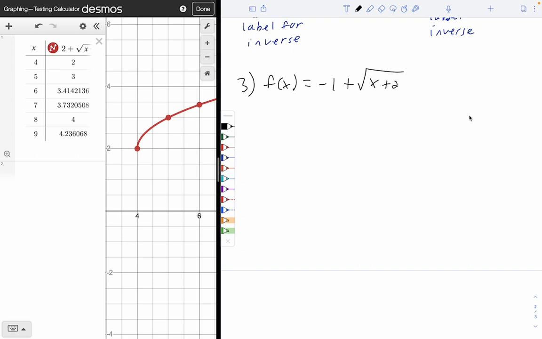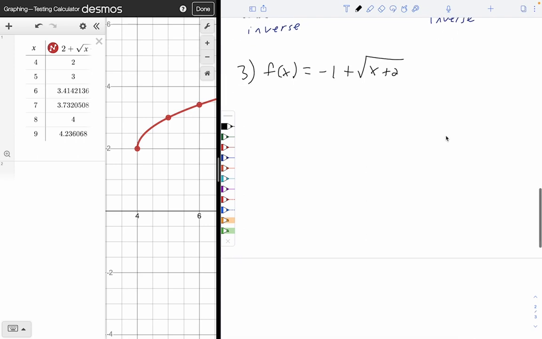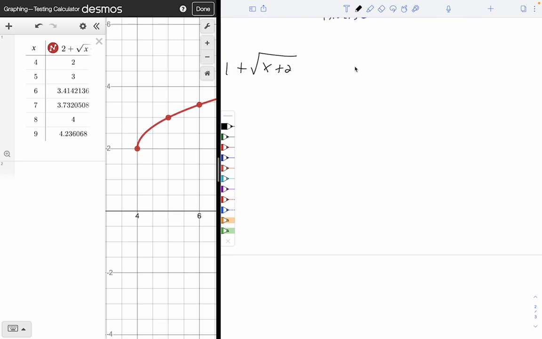Try that one on your own. And then number 4, try f of x equals x plus 1 squared minus 5. Okay, so try those 2 on your own, and that'll be it for today.